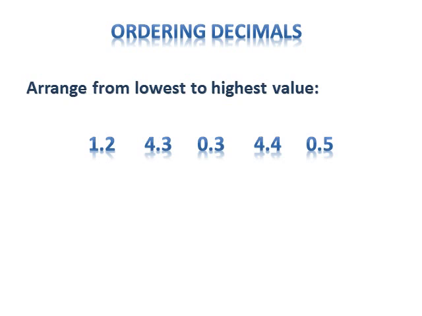Between 0.3 and 0.5, which one is the smaller one? It will be 0.3, and then the next one will be 0.5. After the whole number 0, we start with the next whole number, which is 1, and so that will be 1.2. And then the next ones, we have 4.3 and 4.4. 4.4 is obviously bigger, so we do 4.3 first, and then 4.4.